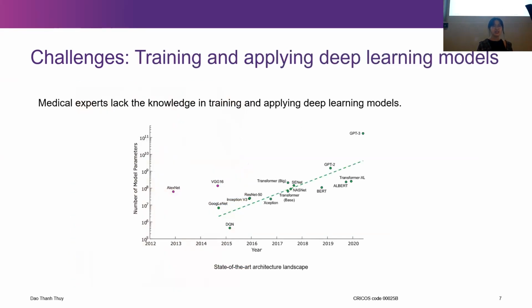Another thing, as we discussed yesterday, is that in the current landscape of state-of-the-art architectures in deep learning, even researchers may find it difficult to keep up. So it's very difficult for medical experts to tweak the model, optimize it, and deploy it themselves.